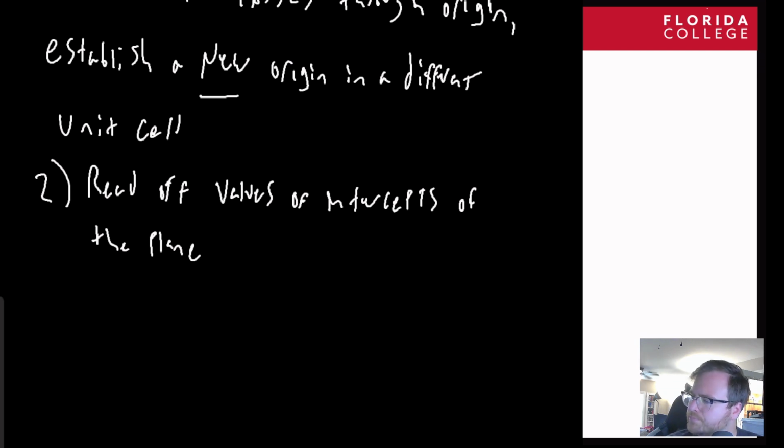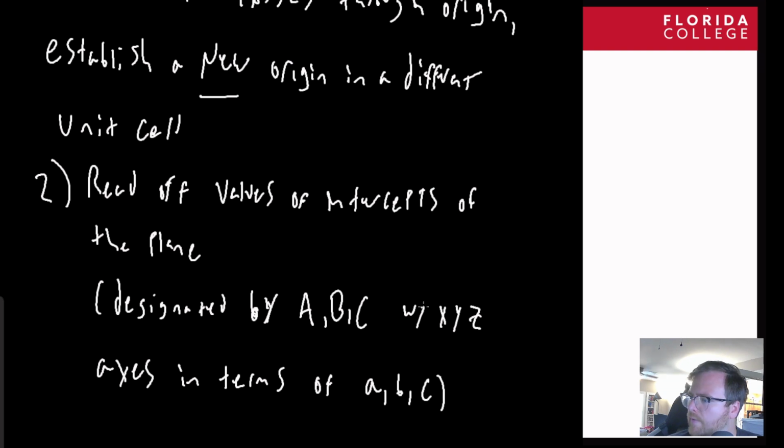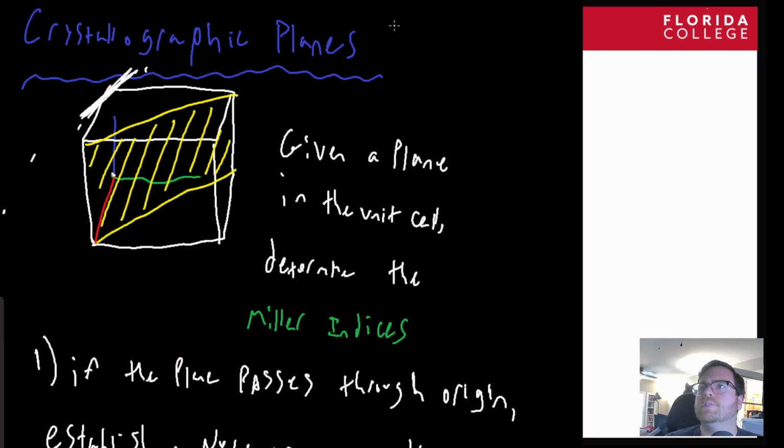So these are designated by A, B, C, with your XYZ axes, in terms of your distances A, B, and C. Okay. So let's copy this one down.